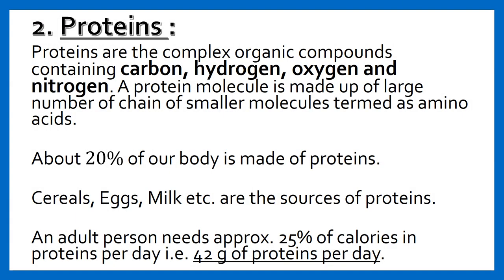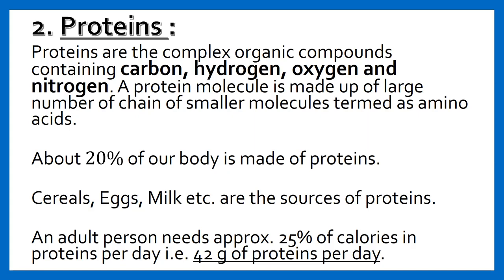The second nutrient is proteins. Proteins are complex organic compounds containing carbon, hydrogen, oxygen, and nitrogen. A protein molecule is made up of a large number of chains of smaller molecules termed amino acids.